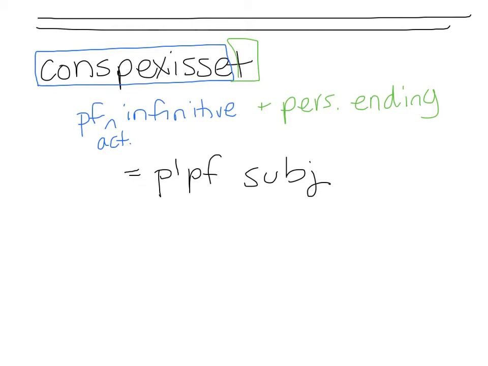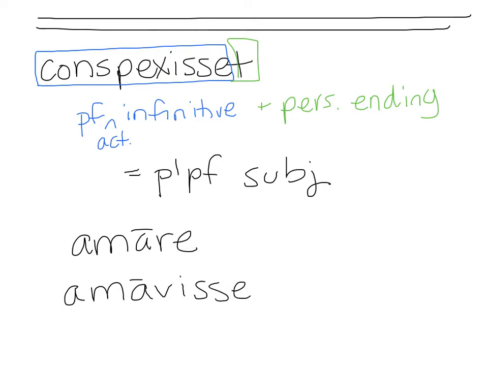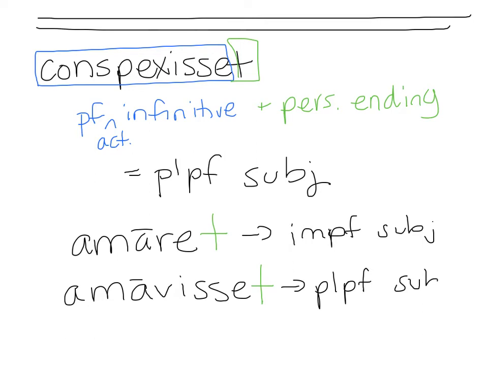So if I compare that back to the last verb, let's look at the same verbs. Let's say I had the verb amo. If I had amare, my present active infinitive, and then amavisse, my perfect active infinitive. If I added an ending, now I've created the imperfect subjunctive and the pluperfect subjunctive.